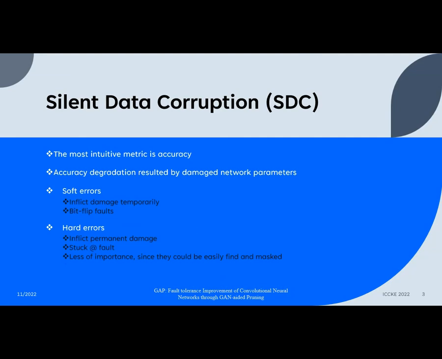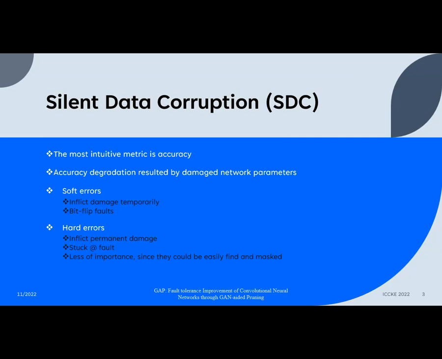Two common faults studied in the literature are soft errors and hard errors. Soft errors can be simulated with bit flip faults, which inflict temporal damage to the system. Bit flips are a kind of fault which can be injected into the parameters of the network by changing a specific bit of the parameters.